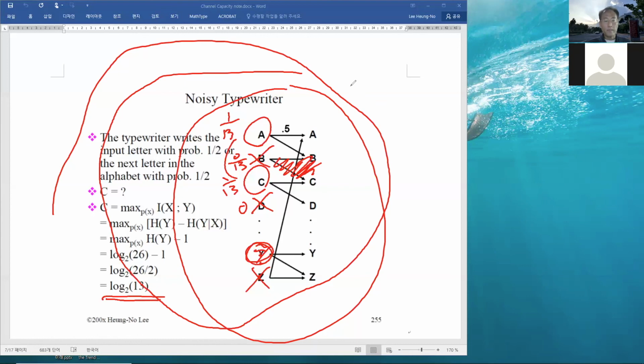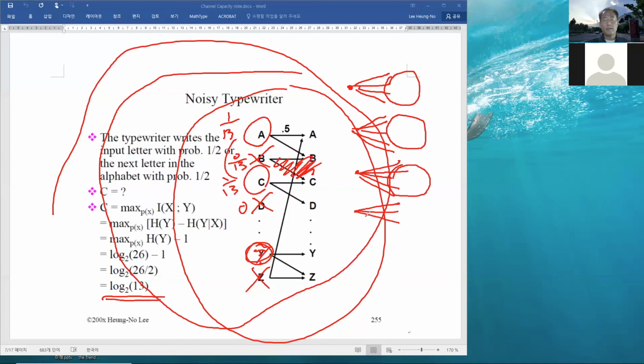So when you choose an input symbol, and P of X gives you a distribution of output, as long as the distributions of output do not overlap with each other, then the probability of error can be controlled and you can define the capacity of this case.